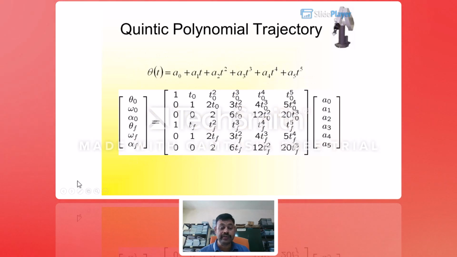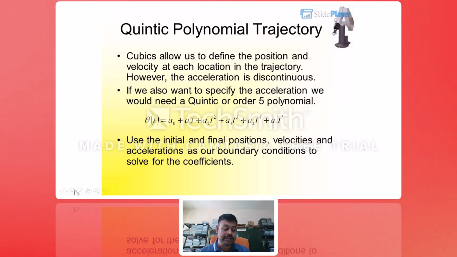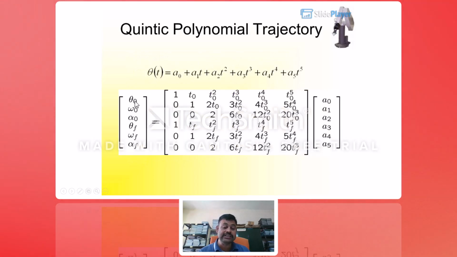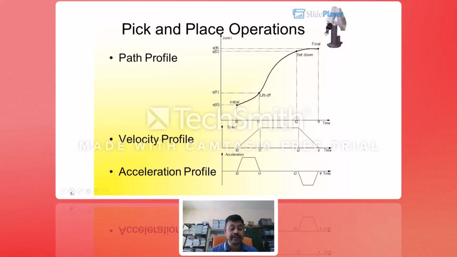Suppose you want to go for the fifth order polynomial, here it is clearly available: theta, omega naught, alpha, theta f, omega f, everything. And here you have to represent it as a matrix. So just put your coordinates like this. Then finally, this is the value of the coefficients: A0, A1, A2, A3, A4, A5.